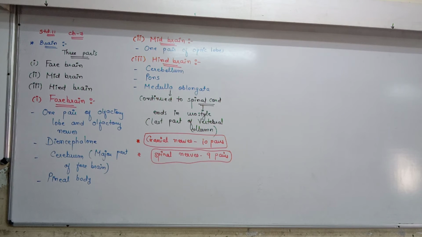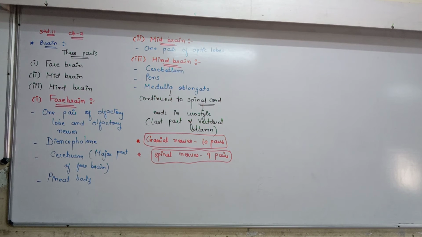Alpha cells secrete glucagon and beta cells secrete insulin. Adrenal gland, you know, secretes adrenaline and noradrenaline, the emergency hormones, yes, fight or flight. And gonads: testes in male, ovaries in female.